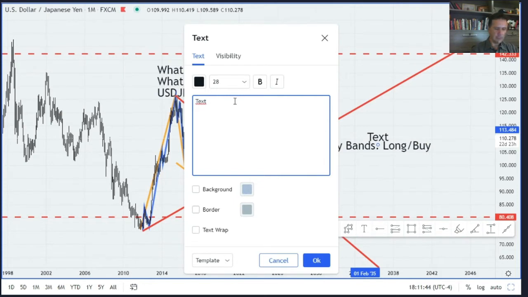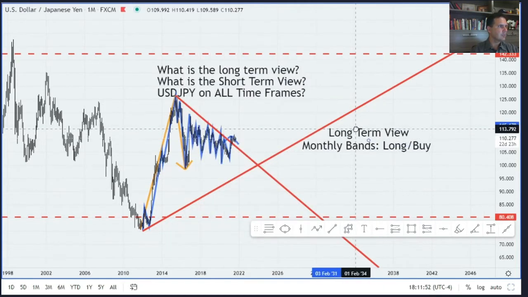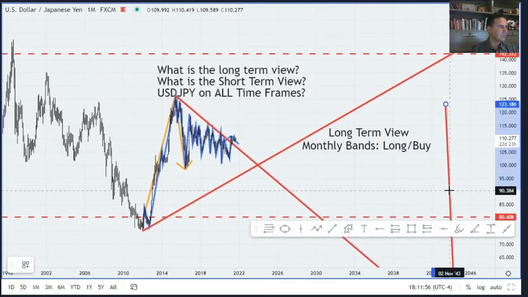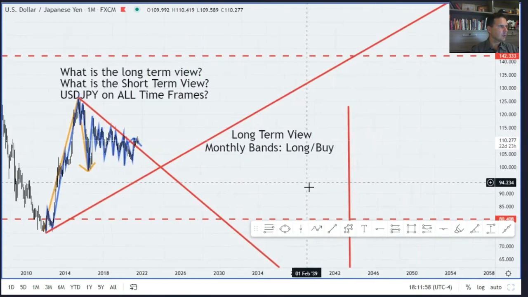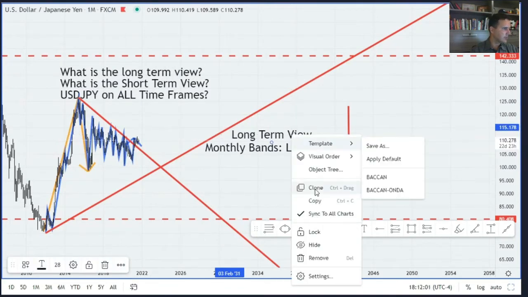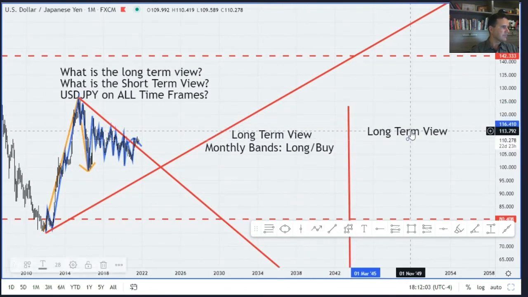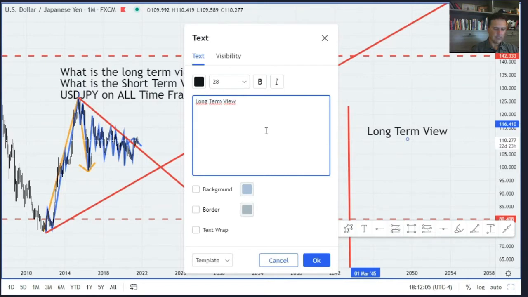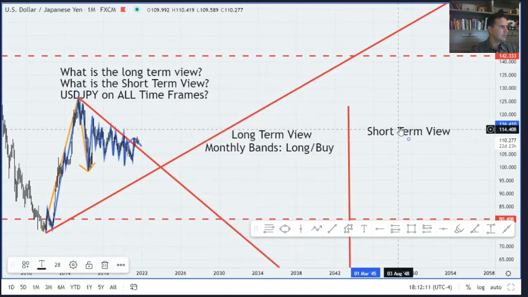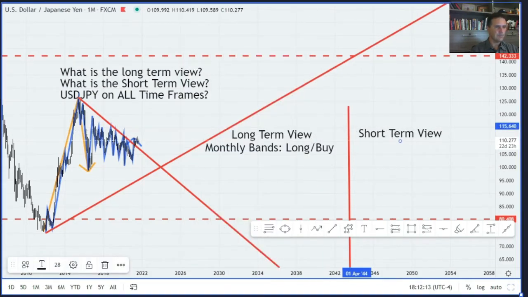So this is going to be the long-term view, and sure enough, we are going to have the short-term view, right? So clone, and this is going to be the short-term view. There you go.